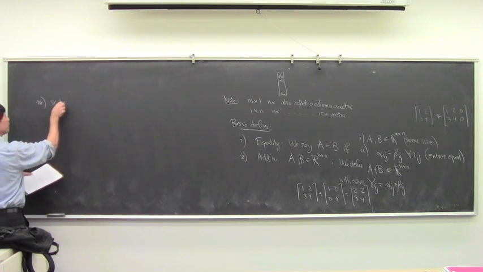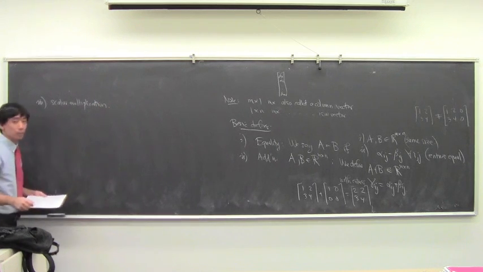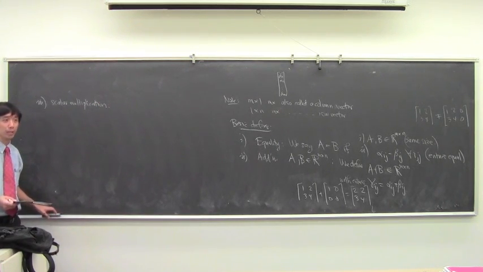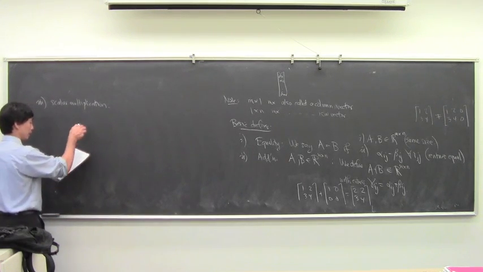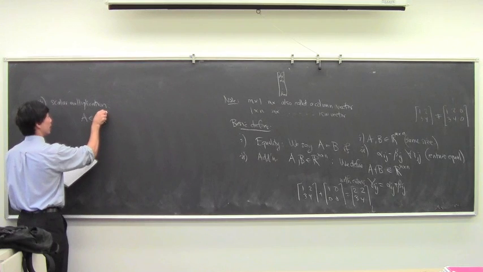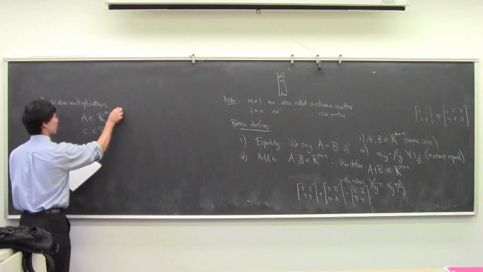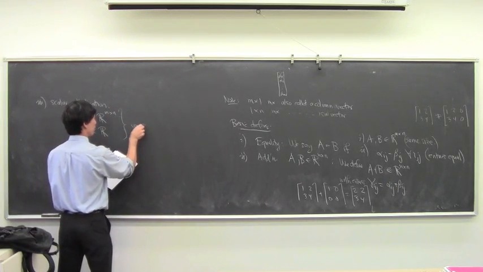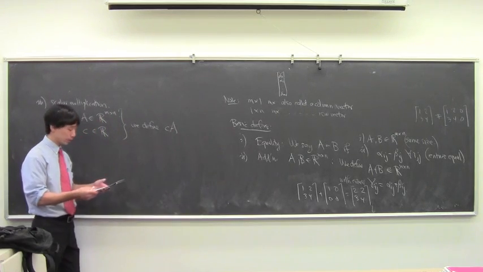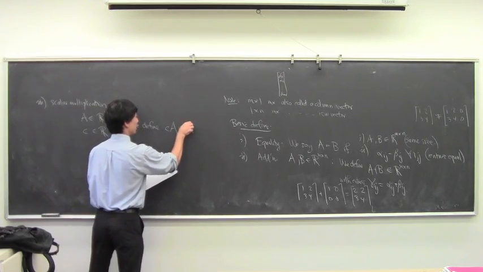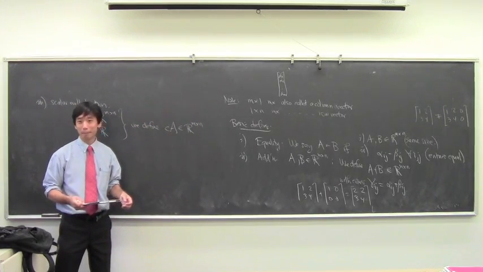Scalar multiplication. Just like when you did calculus 3, maybe you multiplied vectors by scalars. If you have a matrix and you have some number C, then we define CA, the number times the matrix. You can probably tell me what it is. What do I mean when you multiply a matrix by a number?